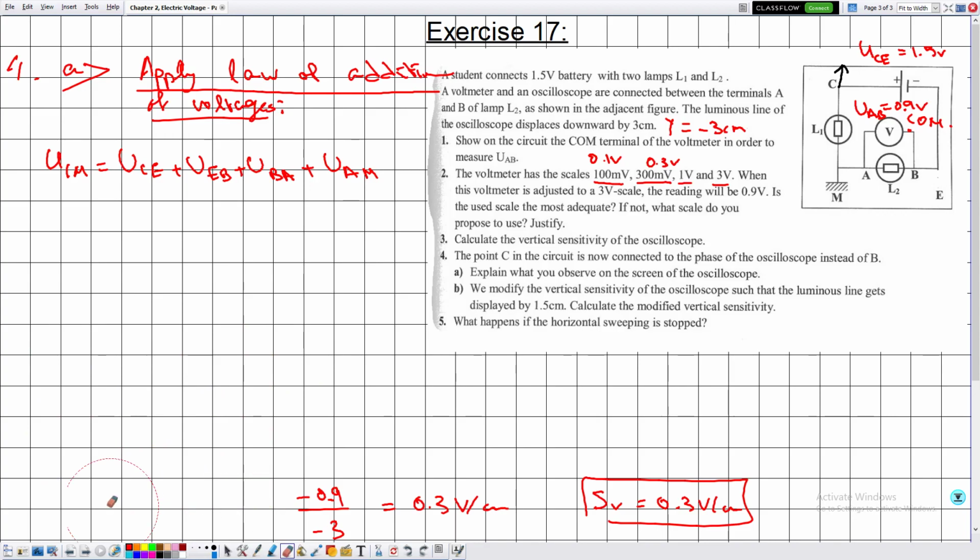And you know that UCM will be positive because we are measuring from positive to negative. But let's prove it using the law of addition of voltages. UCE is equal to 1.5, the voltage of the battery, UEB is 0, and the reason is given by a connecting wire.